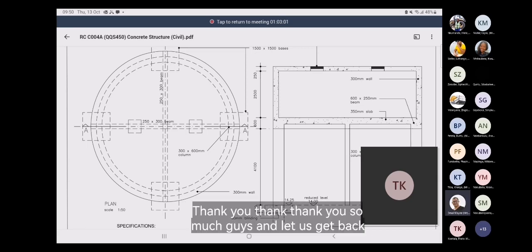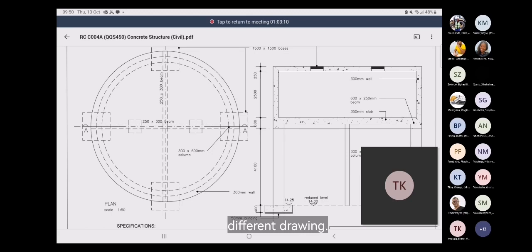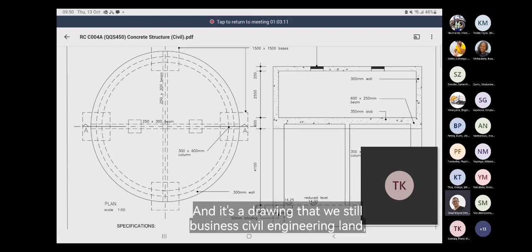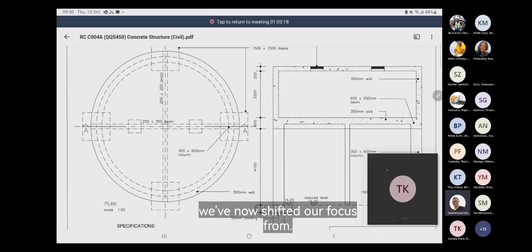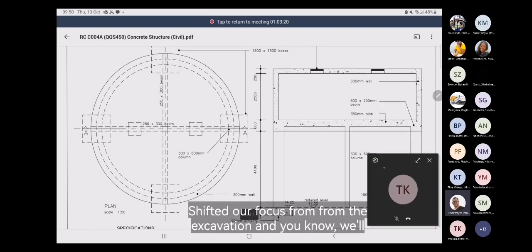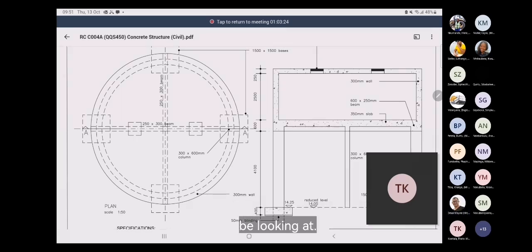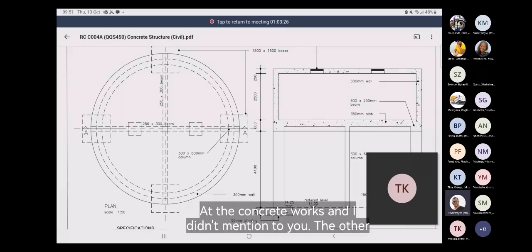Okay, guys, thank you so much, and let us get back into this. On the board, you notice that I now have a different drawing, and we're still busy with civil engineering works. We've now shifted our focus from the excavation, and we will now be looking at the concrete works.